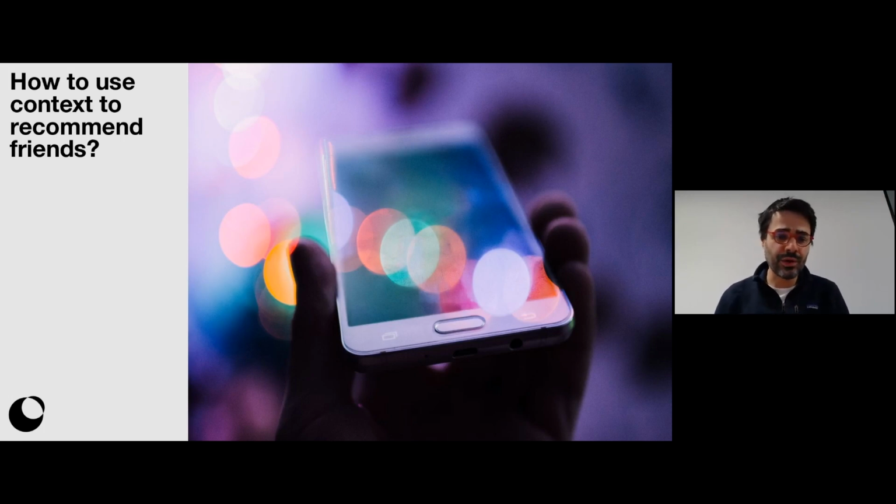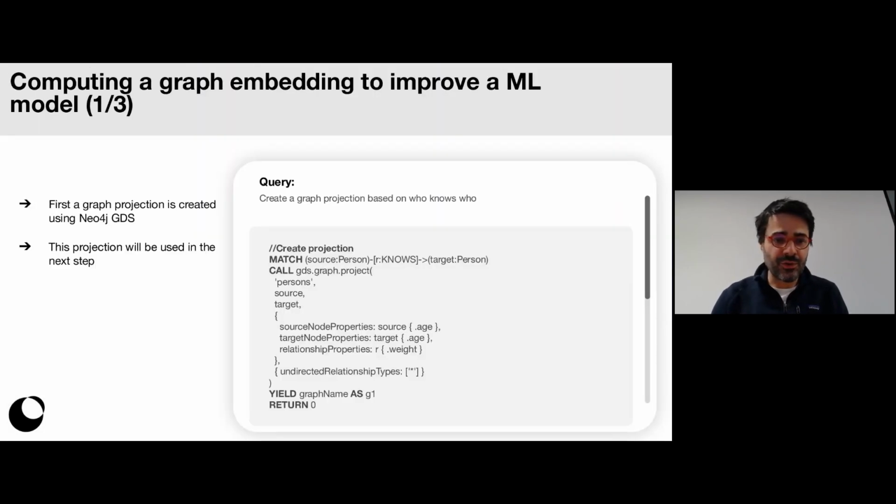This time we are going to focus on node embeddings and machine learning. And we'll talk about a very simple use case. We want to use context to help make recommendations in terms of friends. So here we are going to be computing a graph embedding, and we will use that to improve a machine learning model.